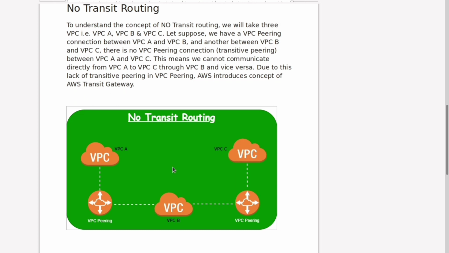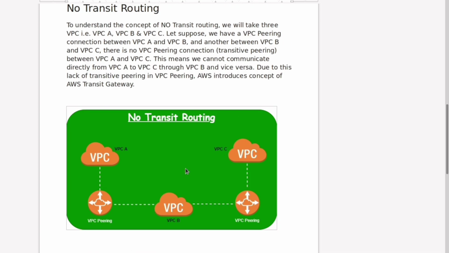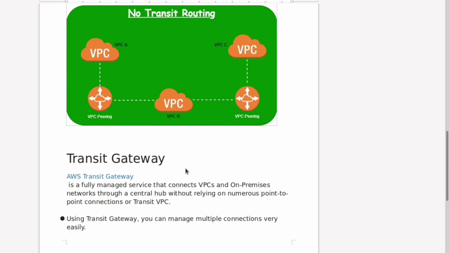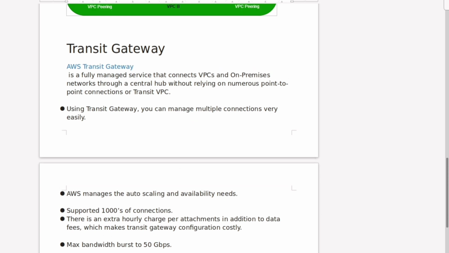So let's discuss Transit Gateway. The transit gateway is a network transit hub that you can use to interconnect your virtual private clouds (VPCs) and on-premises networks. As your cloud infrastructure expands globally, inter-region peering connects transit gateways together using the AWS global infrastructure.